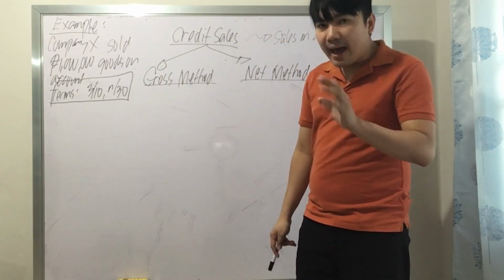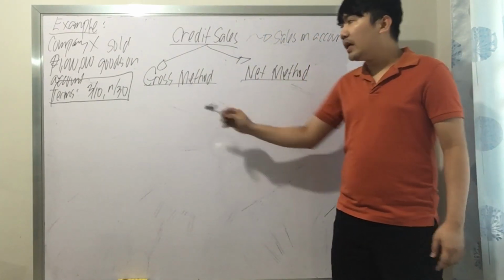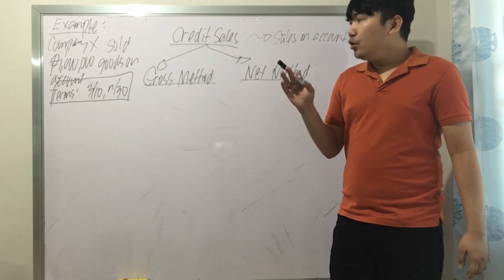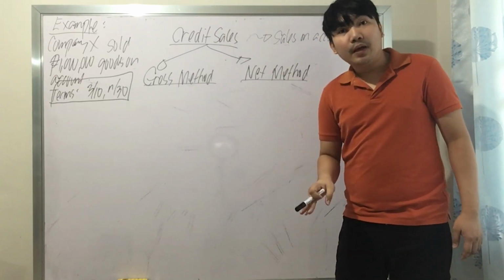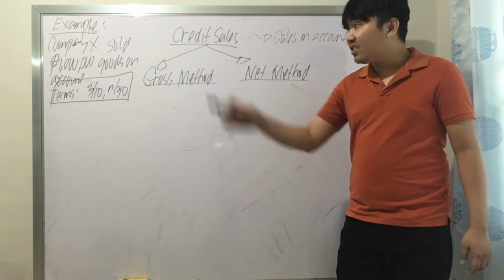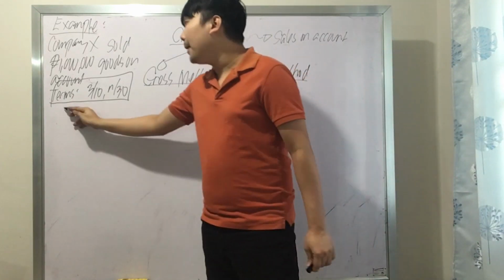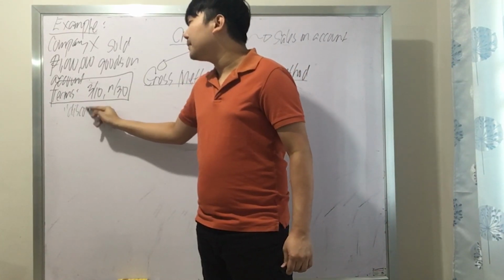Okay. So, paano din i-differentiate itong dalawa? Okay? Actually, class, yung difference kasi nila dito, how to account transactions pertaining to the terms related to discount. So, discount terms at ito, di ba? Ayan.